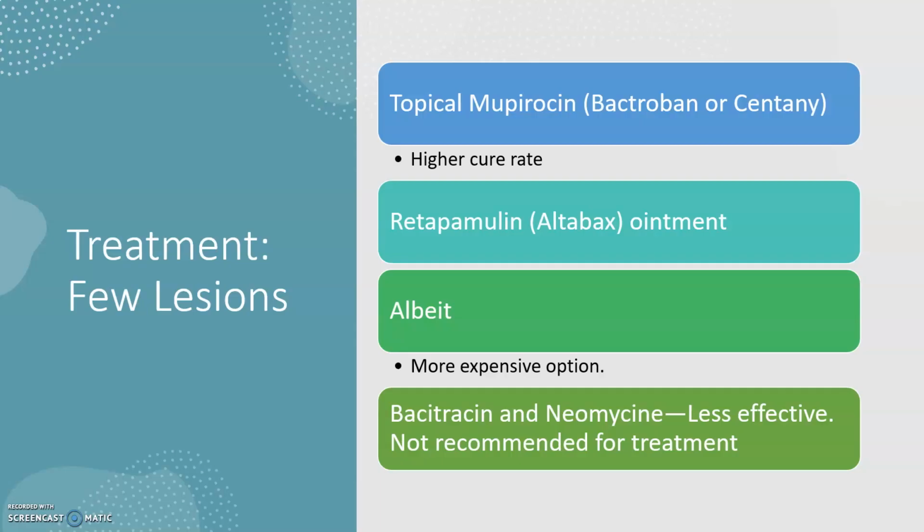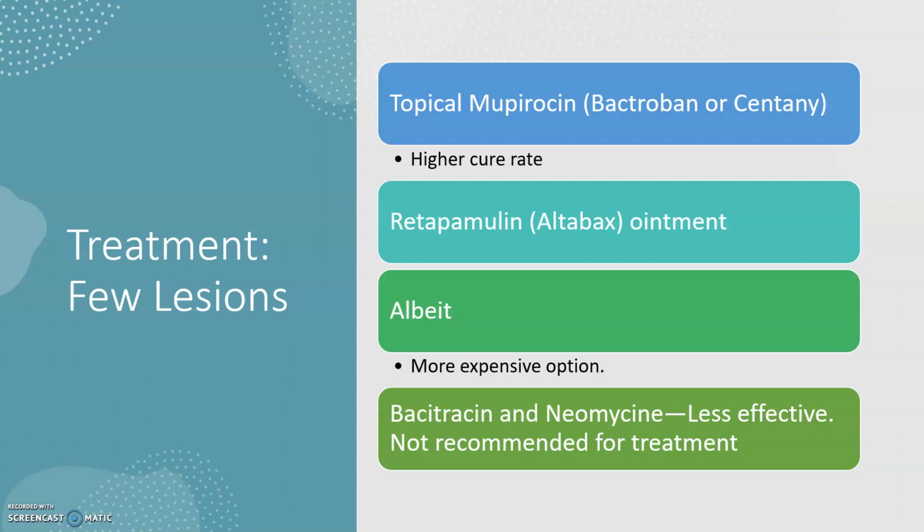The treatments are divided into treatment for few lesions and treatment for more numerous lesions. For treatment with fewer lesions, they will use Bactroban. This has a higher cure rate. They will even use Altabax ointment or Ozenoxacin, which is more expensive.